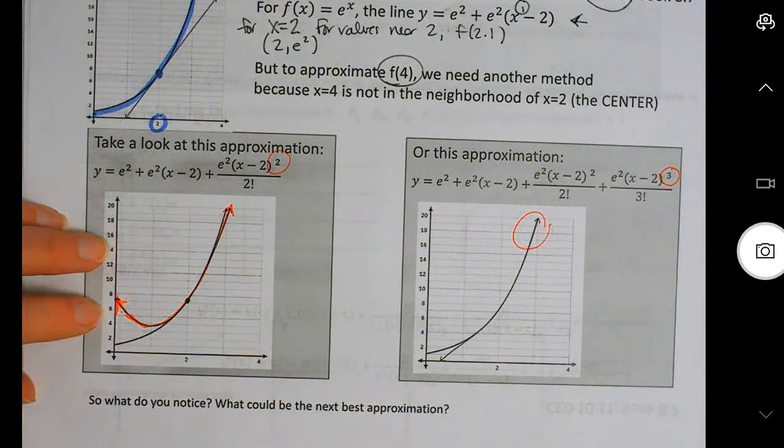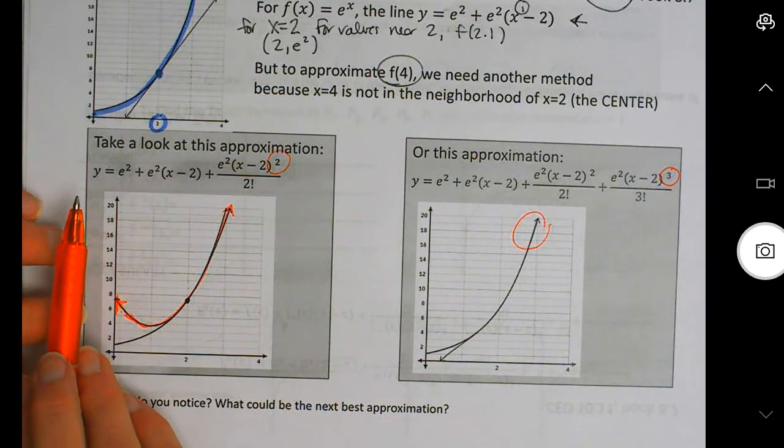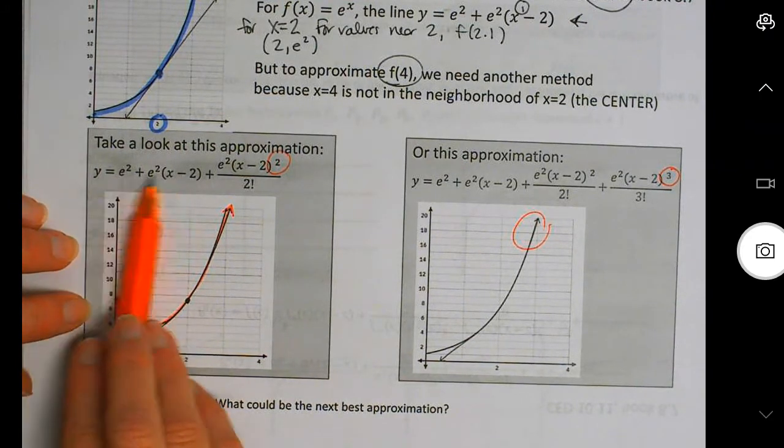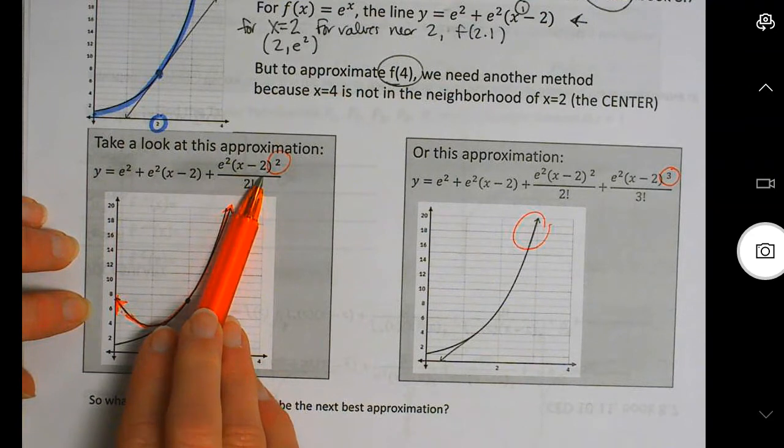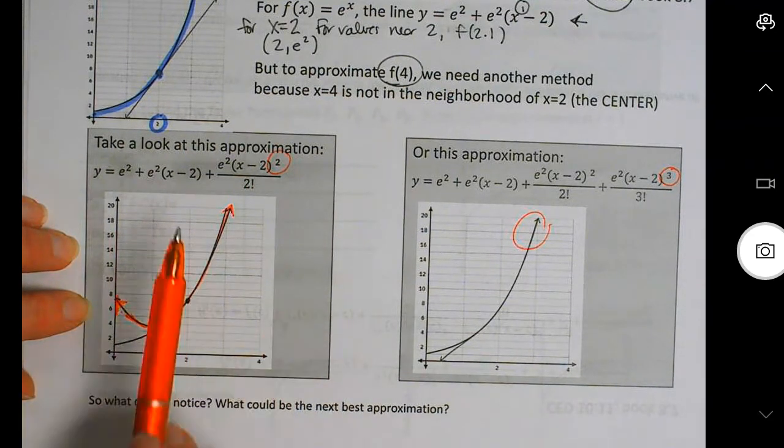And what's cool about this is that it looks a lot like what we did with the linear approximation. We're going to talk about how these different terms come about, but it has basically the same form.